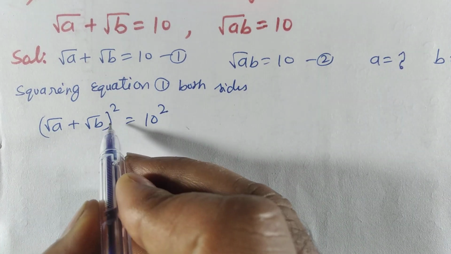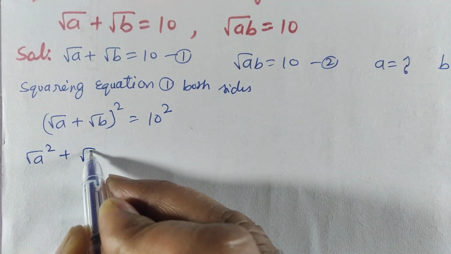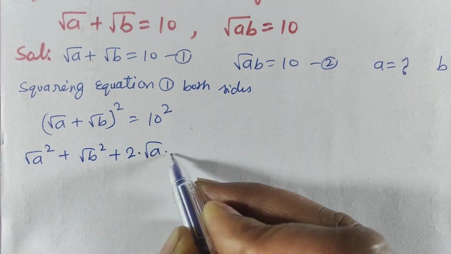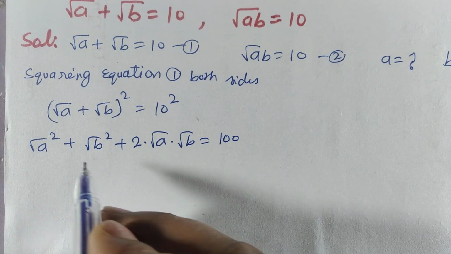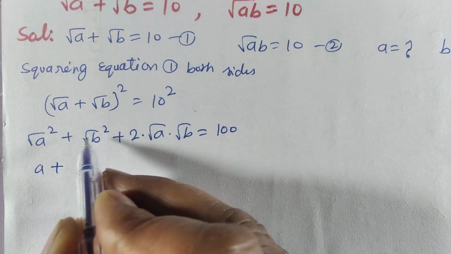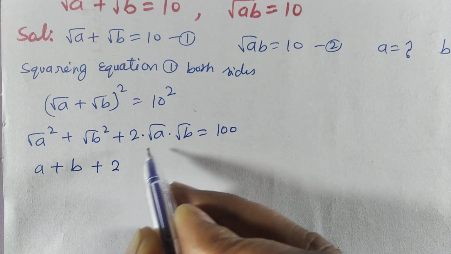Open this: square root of a square plus square root of b square plus 2 times square root of a times square root of b is equal to 10 square, which is 100. The square and the square root will be removed, plus 2 times square root of ab.